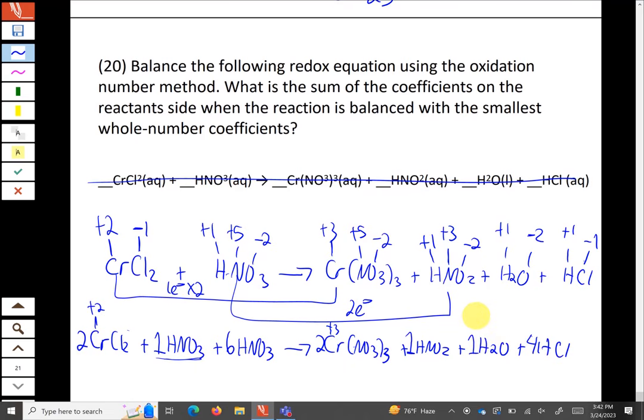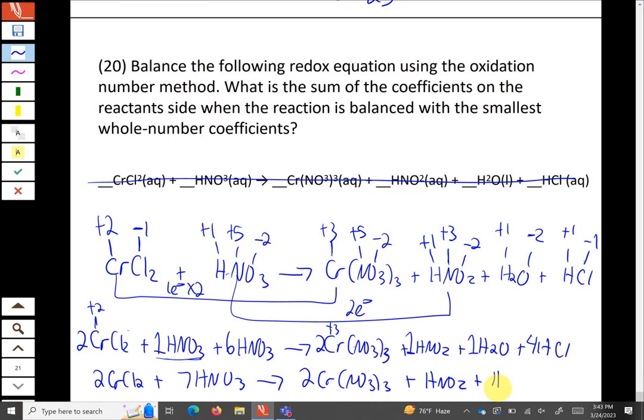So when we add this all up together, what we get is 2 chromium chlorides, total of 7 HNO3s. 1 of them we added to balance the number of electrons, 6 others we added to keep the number of atoms balanced, and then we have chromium nitrate, 1 HNO2, 1 water, and 4 HCl's.